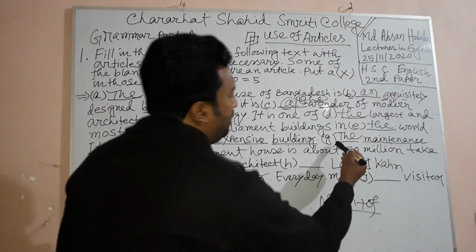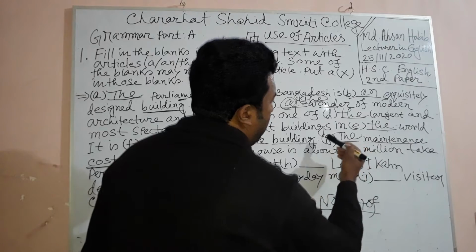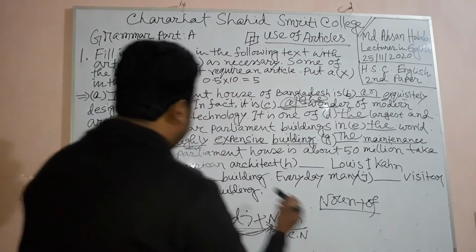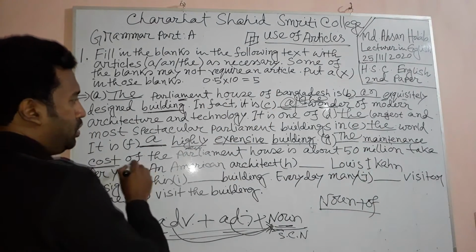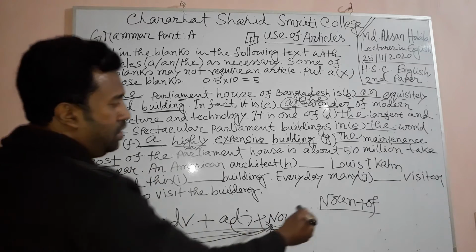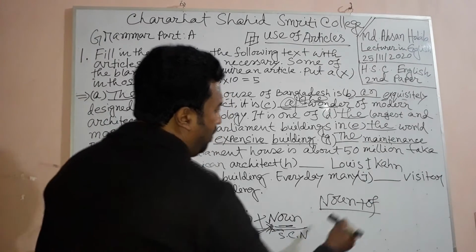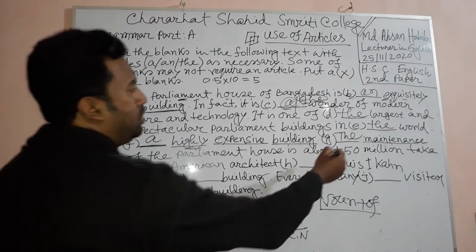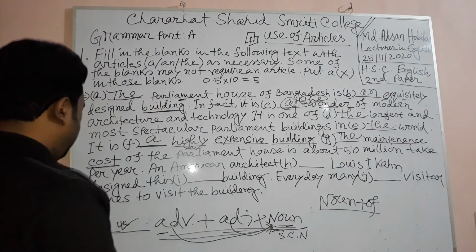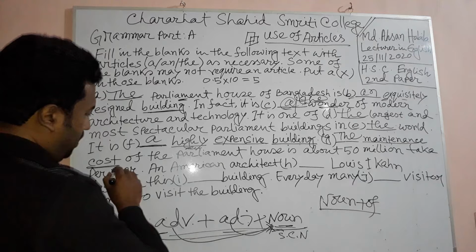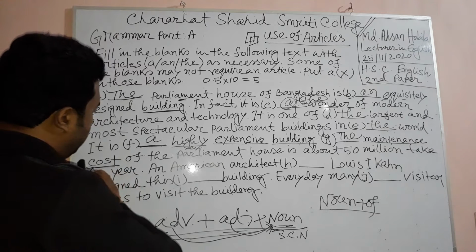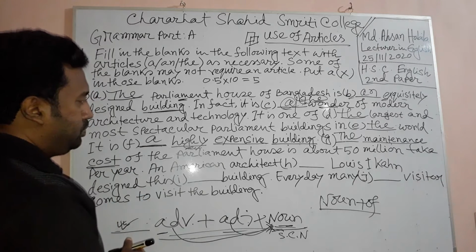So the reason that I have written the here is cost of. So when you have noun plus of, you have to put the, if it shows a definite noun.